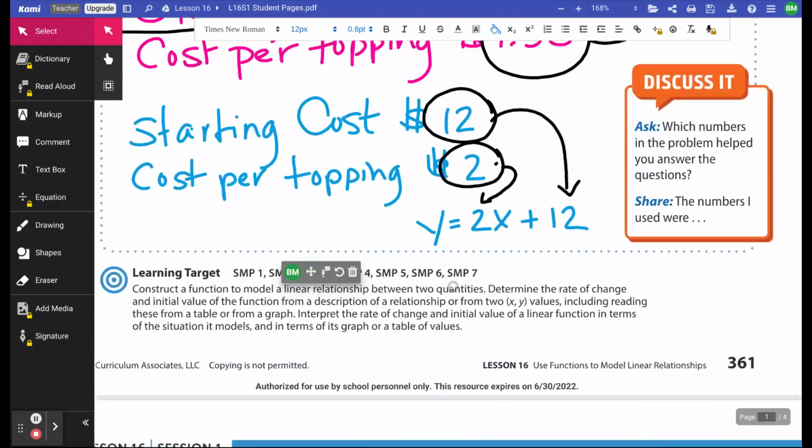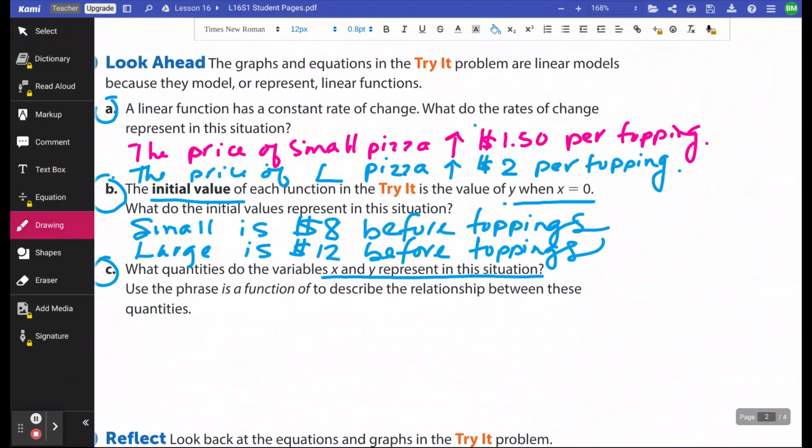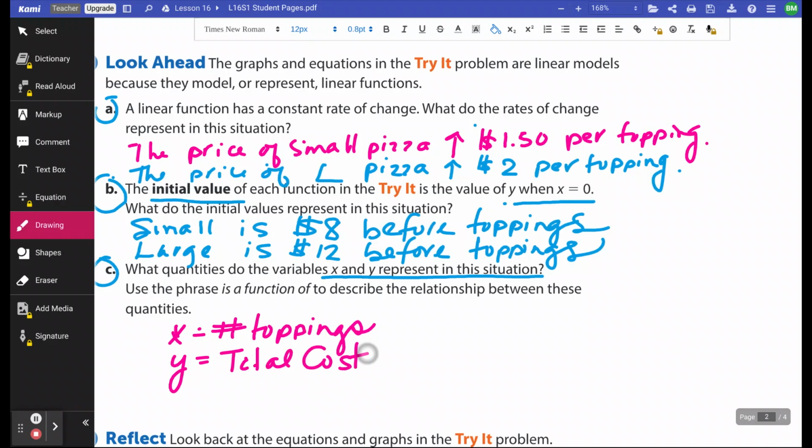So let's scroll on back down and record our answer here. All right, so we're going to answer the first part. X is equal to the number of toppings on our pizza, and y is equal to the total cost of the pizza, given the number of toppings.